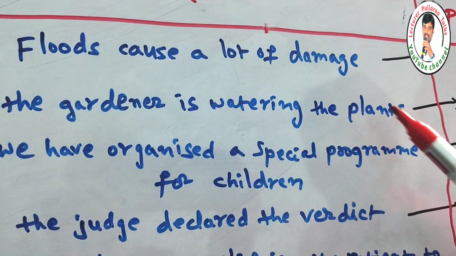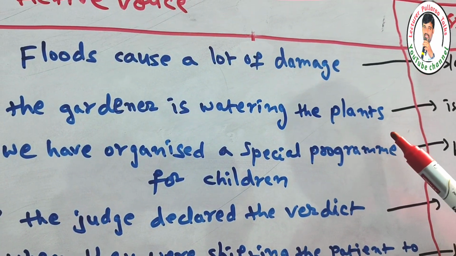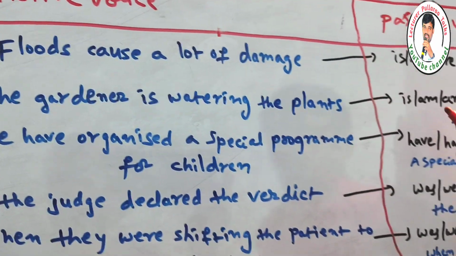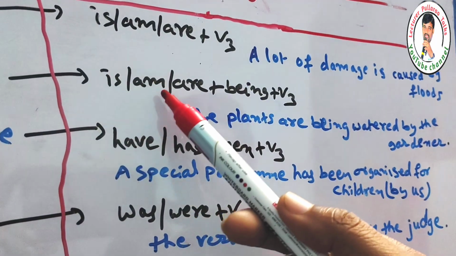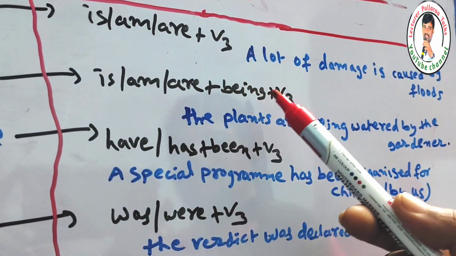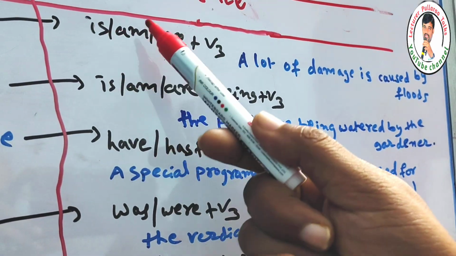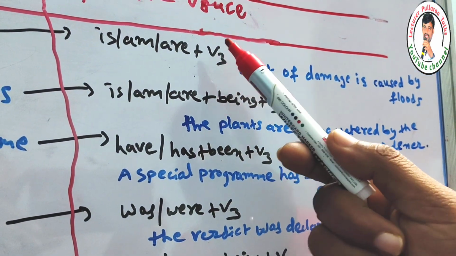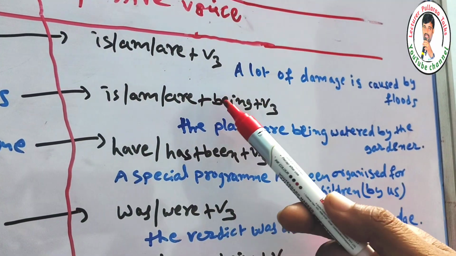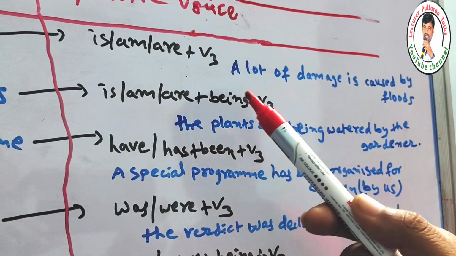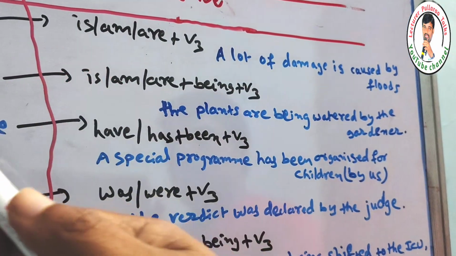Now this is the structure for passive: is, am, are plus being plus V3. See here, the previous one is is, am, are plus V3 for simple present, and is, am, are plus being plus V3 for present continuous. So the similar formula applies here also.